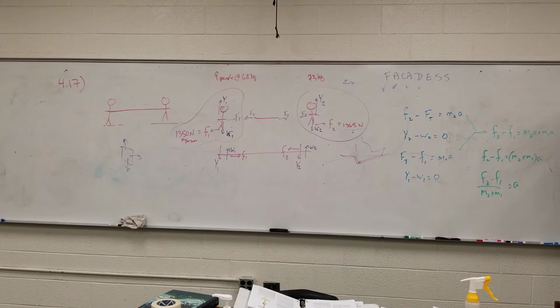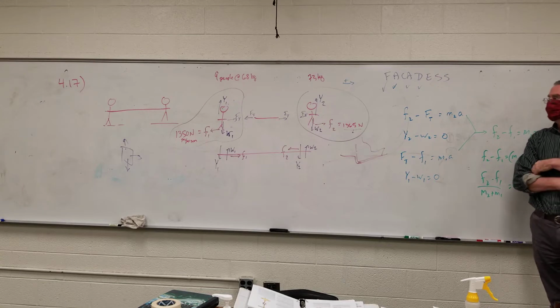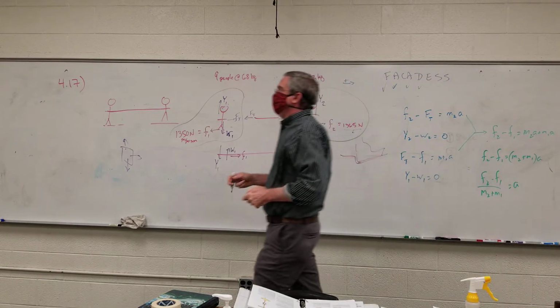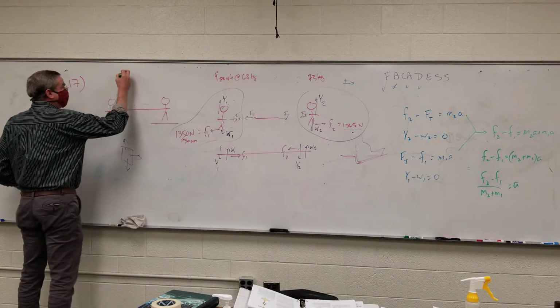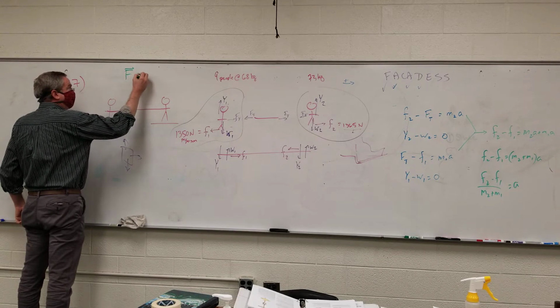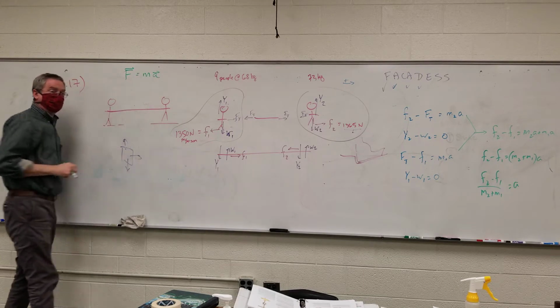I see how you came up with the first part of your equations, but why does the sum equal 0, and why does the sum equal M2A and M1A? Because we're still assuming that Newton's second law is true: that the total force is equal to mass times acceleration.